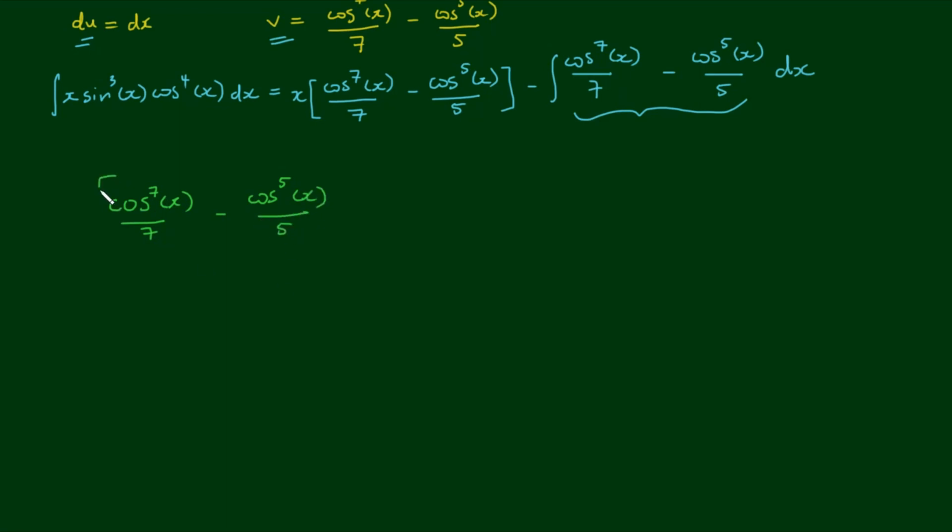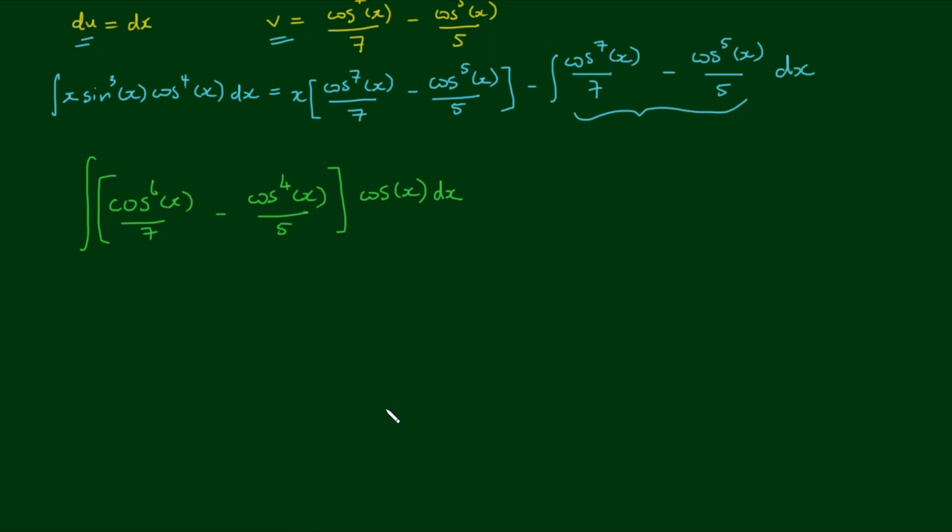What I'm going to do is factor out a cosine of x. If I factor out a cosine of x, these powers reduce by 1. So I have cos to the sixth of x on 7 minus cos to the fourth of x on 5. And this is the function that we're integrating now.